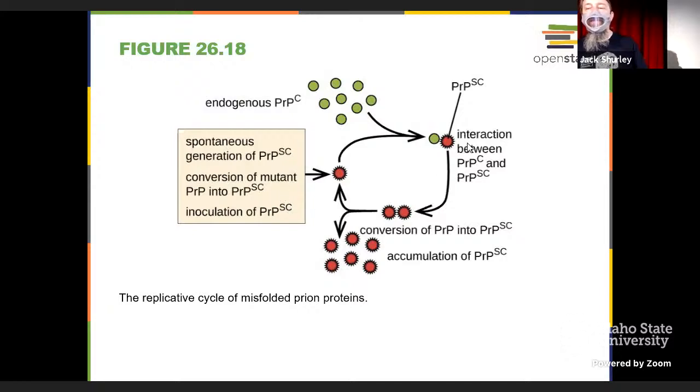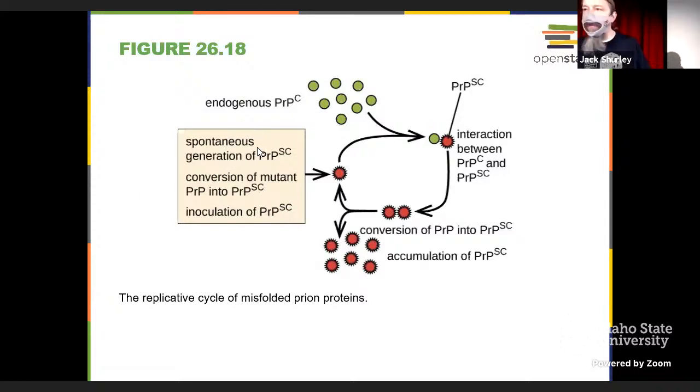There are other potentials, as I just described. Once this guy happens, it can convert those normals into mutants. And then there's also the inoculation. So the consumption of this type of neural protein that's been altered causes that to alter your own normal proteins. So a handful of different possibilities, right?